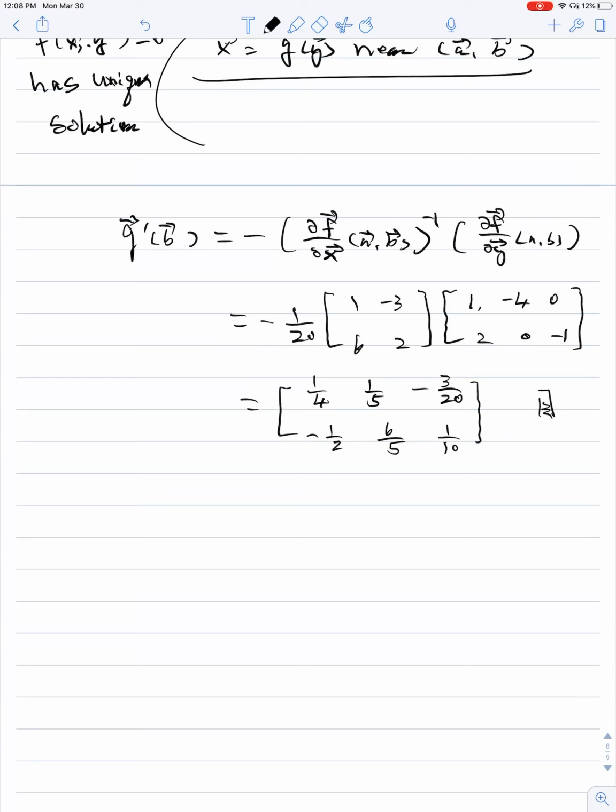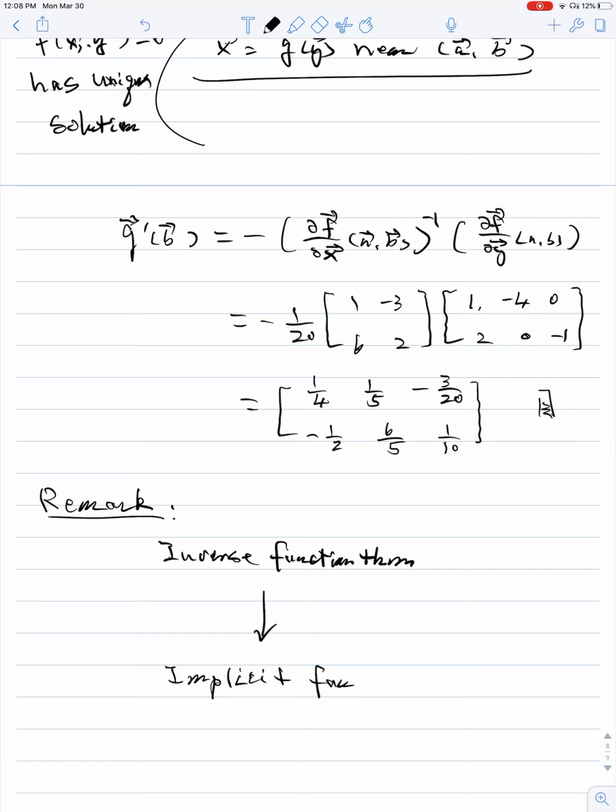Okay, let me make a remark that in this book and in this lecture, in the previous section we put the inverse function theorem, and then we used it to prove the implicit function theorem. These two theorems are essentially equivalent.